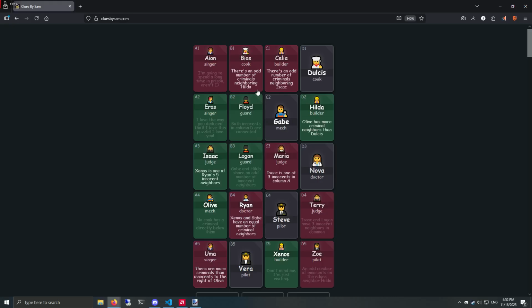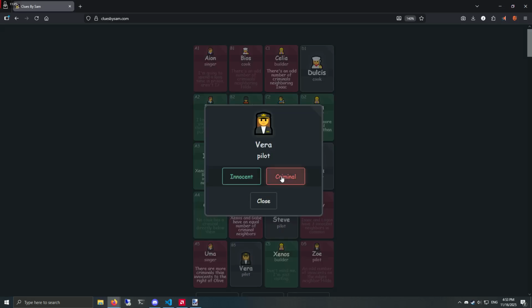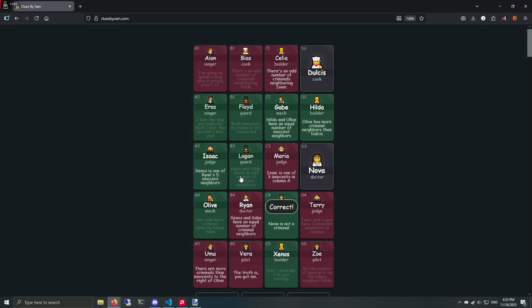There's an odd number of criminals neighboring Hilda. Hilda has one. Oh wait, pause. Hilda has one here, two, three. You're not going to be four. Therefore, you're innocent. Hilda and Olive have an equal number of innocent neighbors. Hilda's going to have two. Olive has two. Therefore, you're done there. Criminal, innocent.